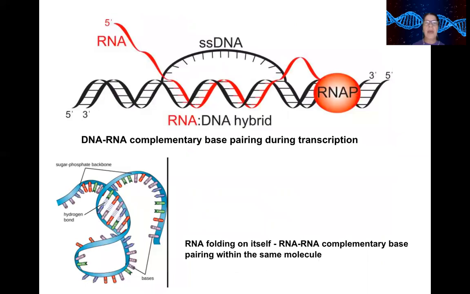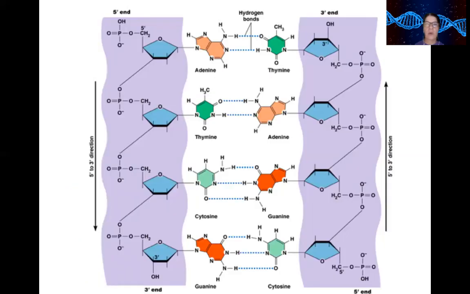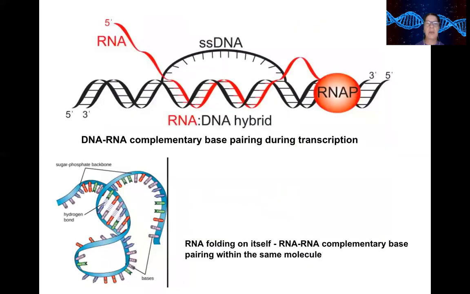Okay, so here in the upper picture is an example of base pairing. Here we see base pairing between 2 DNA strands. Here, in the lower picture, you will see base pairing between an RNA and a DNA strand. As RNA polymerase transcribes a gene, it basically takes the information written in DNA and transfers it to an RNA molecule.